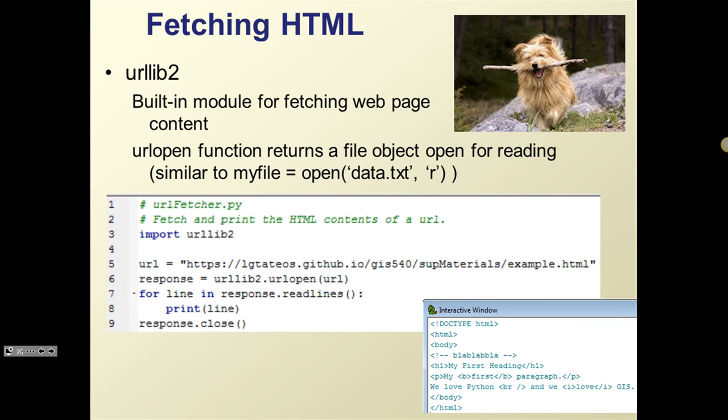So we call urllib2.urlopen. It returns a file open for reading, and we can loop through each line of that file and do things with it. Here we're just printing out each line of the file. So what you see there is the contents of that web page being printed out one line at a time.